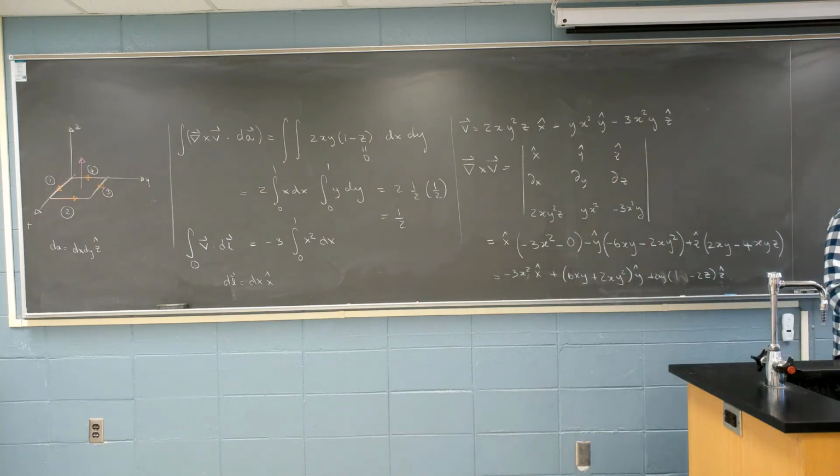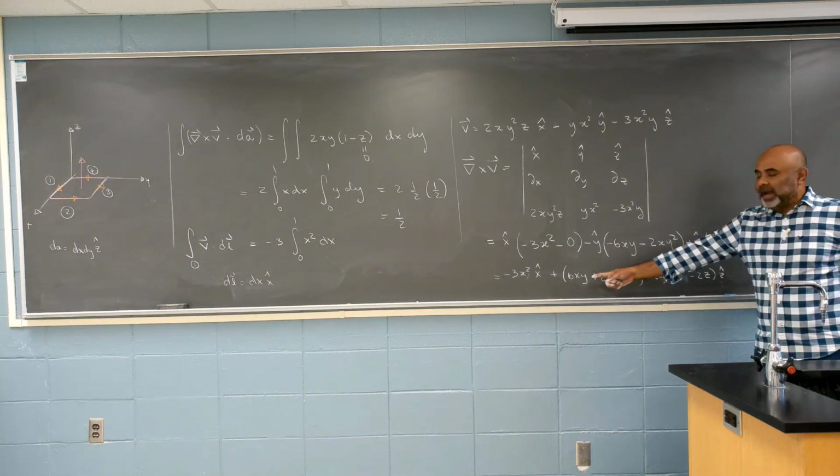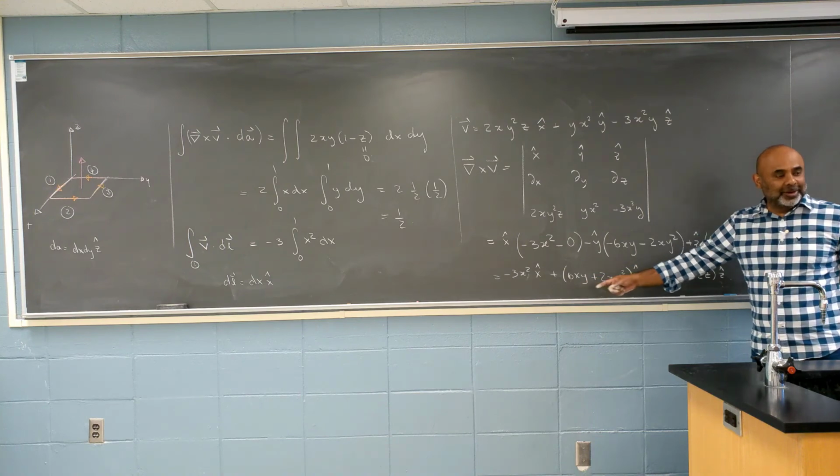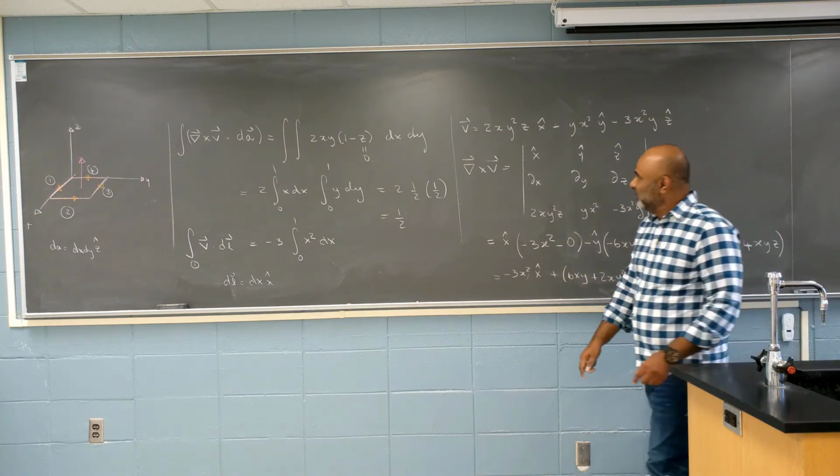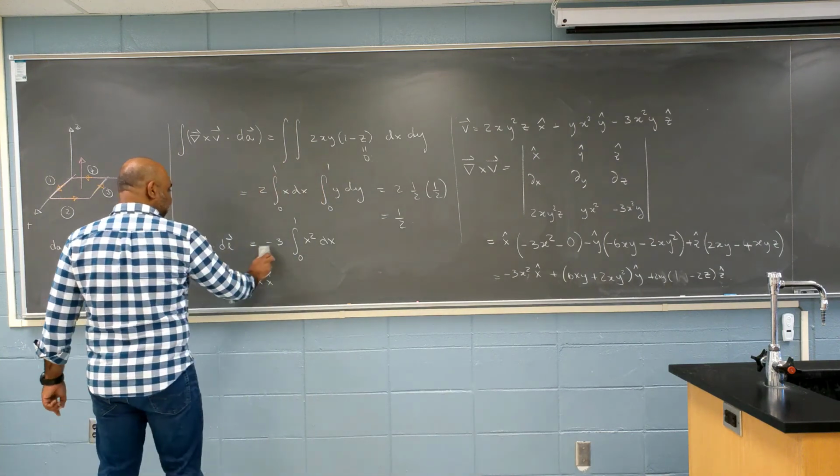I don't recall that at all. That's not what I have. What's the x component? 2x squared z. I mean, x, y squared z. 2y squared. Oh, I took the x component of the curl. That's wrong. Yes. You guys are on top of it.